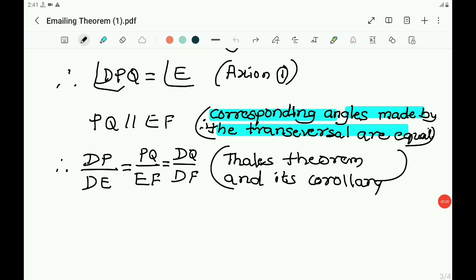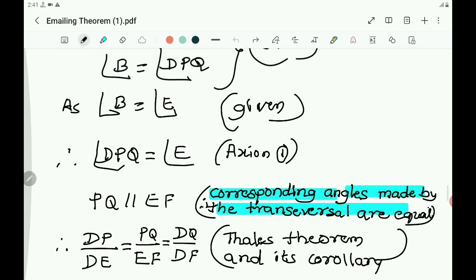Next, the sides DP, PQ and DQ are to be replaced by the sides of triangle ABC. Here DP is equal to AB and DQ is equal to AC, that is by the construction, and PQ is equal to BC, that we have proved.